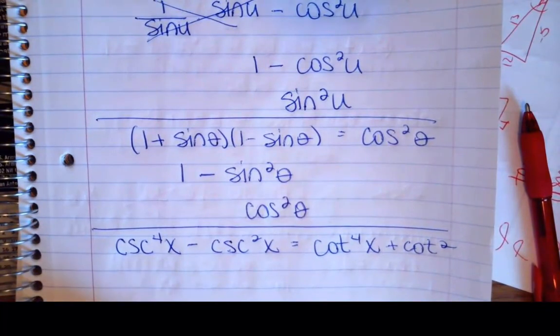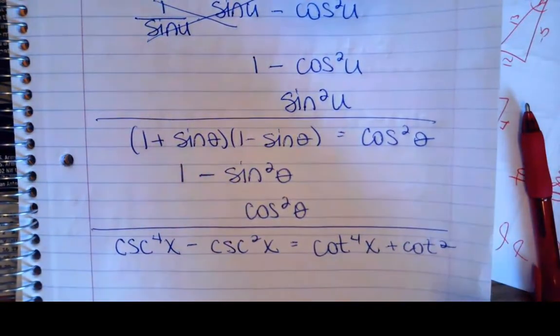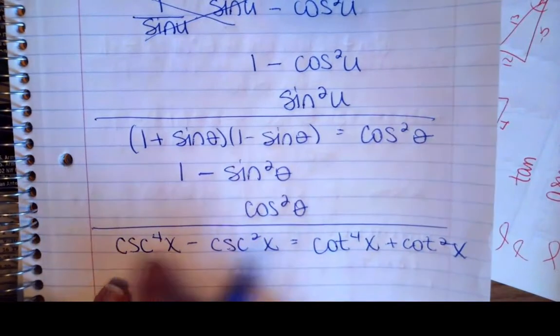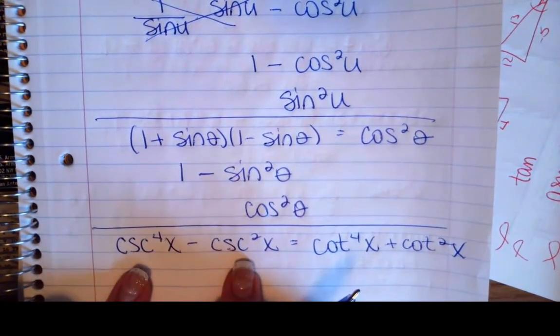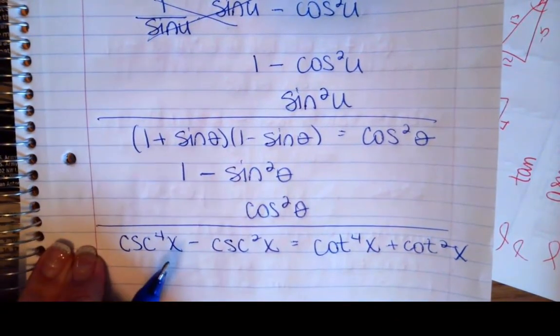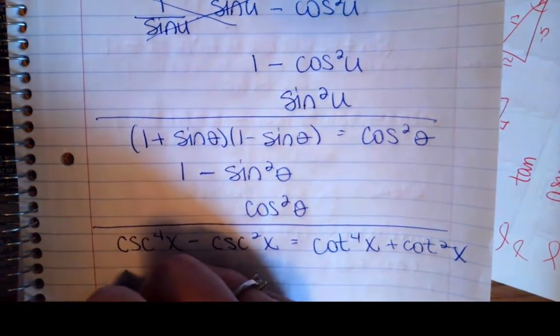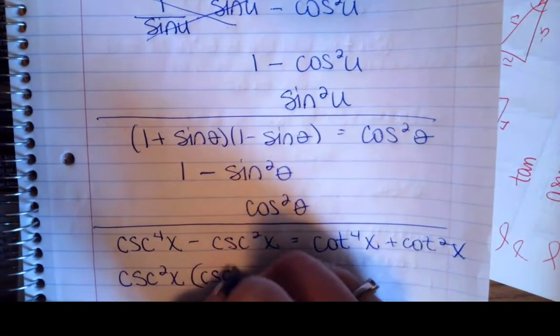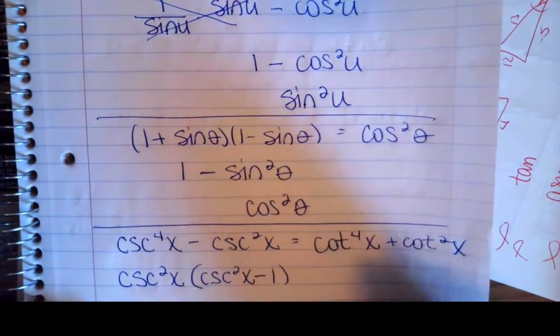That's what I want to equal. So what's something I can do? Leave this side alone and mess with this side. What's something I know how to do to this side? I can factor. So I can pull out a cosecant squared. So I'm going to factor out cosecant squared, which is going to leave me with cosecant squared minus 1.